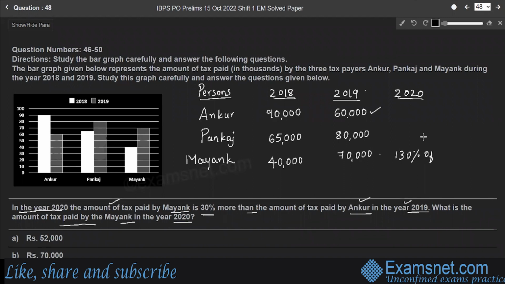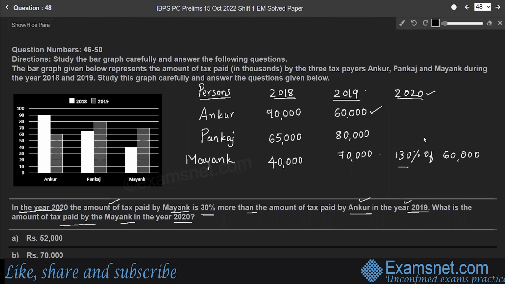So Ankur paid 60,000 tax in the year 2019, right? Therefore, tax paid by Mayank in 2020 is 130% of 60,000. Right? So then what is the amount of tax paid by Mayank in the year 2020?